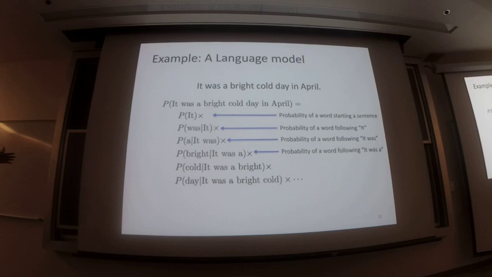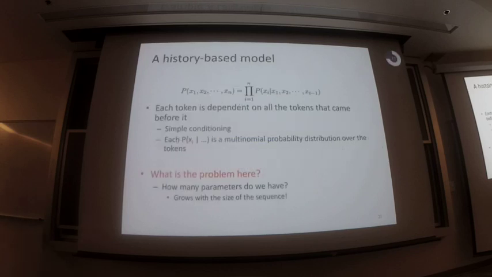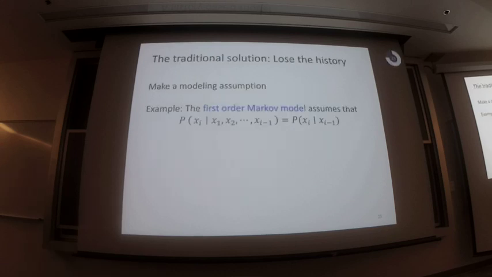As the sentence grows, because there are some people who talk a lot, assigning a probability over a lot of sentences or text could explode. And there's an issue of parameters. The number of parameters grows with respect to the size of our sequence, and that's not good. So now the question is, can we do better?